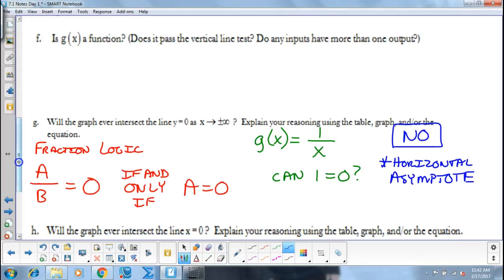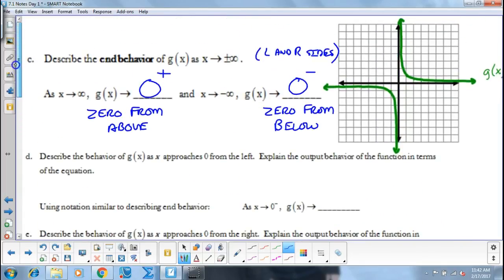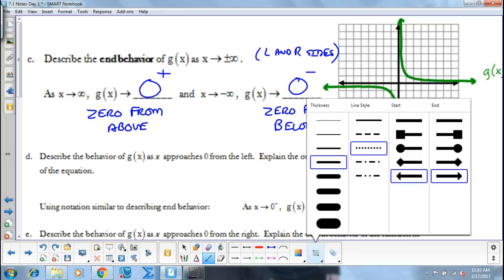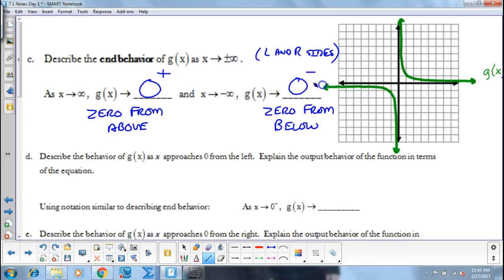Okay? We put those on the graph as dashed lines. Now we'll go Navy. Okay.